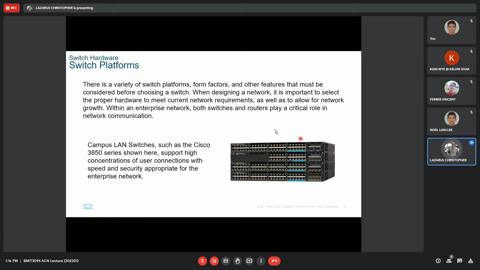In a campus, that means a lot of workstations or hosts, including labs. You can see there are so many ports here, and each of these ports leads to a host. To provide even more ports, you can stack the switches together, so an extended switch or standard star topology.